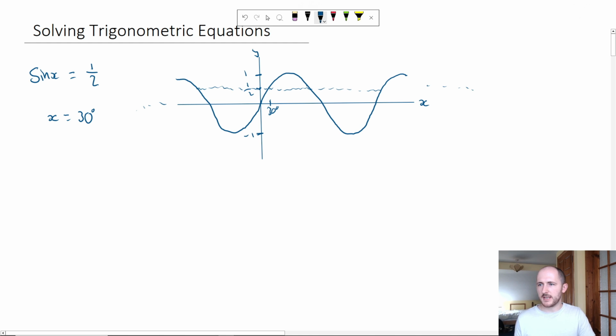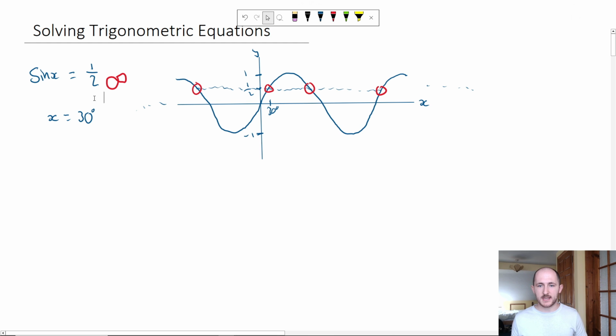So there's actually 1, 2, 3, 4 answers. But actually, because the graph goes on forever, there's an infinite number of answers for this. So when I ask, okay, sine x is a half, what is x? I don't give you enough information to solve the question.